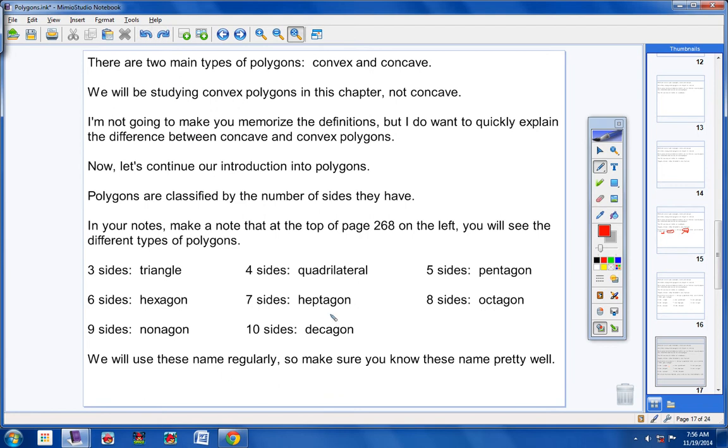Heptagon. No trick there, I guess. Deca would be like decimeter in the metric system. Decimeter. Deca means 10. Octa, like an octopus, has 8 arms. Octagon 8, so on and so forth, okay? But we will use these names regularly, so make sure you know these really well and be familiar with them, okay? All right, continuing on, here we go.